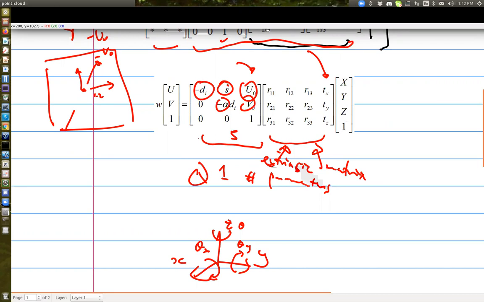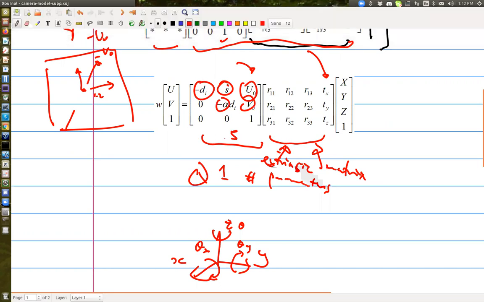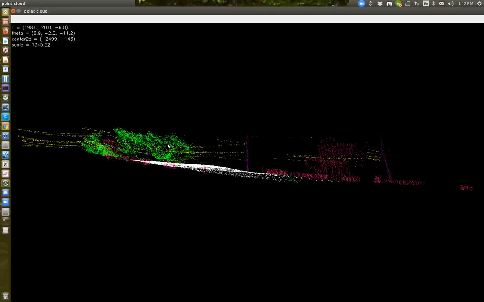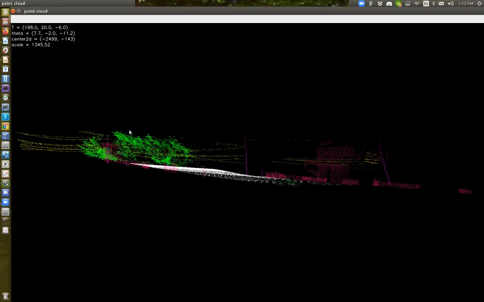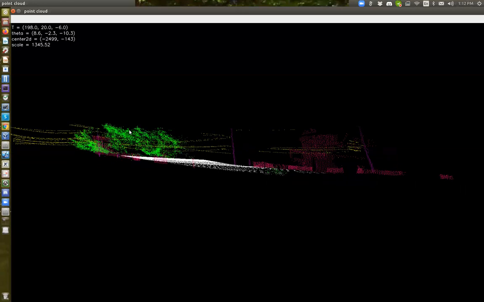Once I change the parameters in this matrix, the corresponding 2D points will be different, showing in different locations on the screen. I rotate along the x-axis, then the y-axis, and this one rotates along the z-axis.